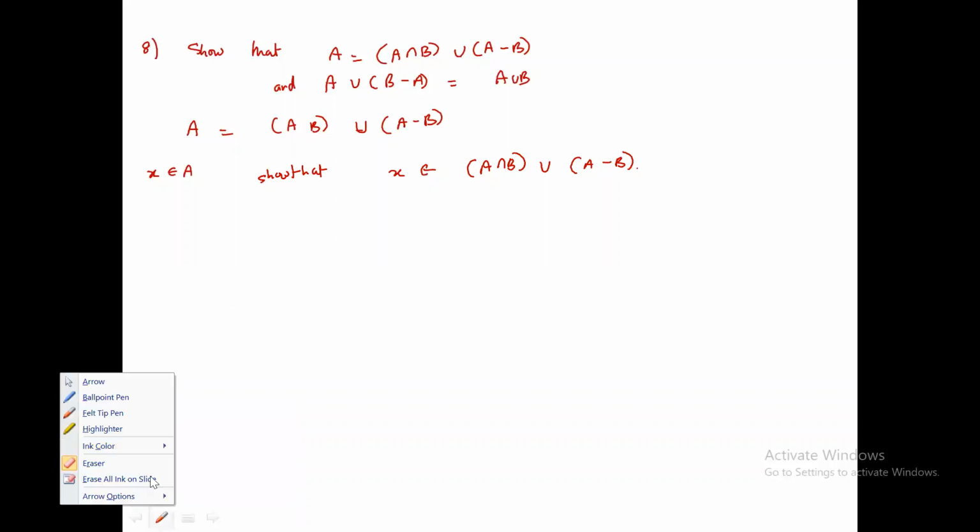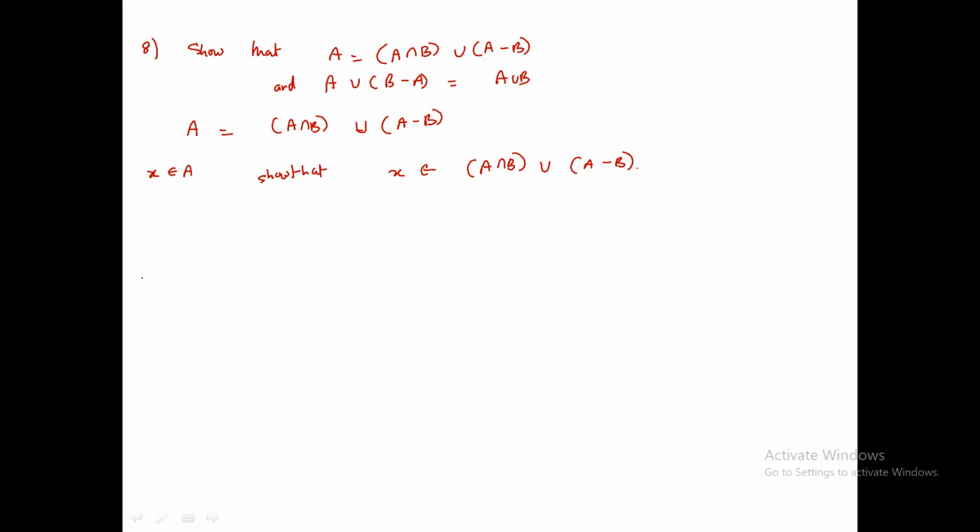We will start with X belongs to A. Now, if I say X belongs to A, that implies X belongs to A minus B. That's clear.